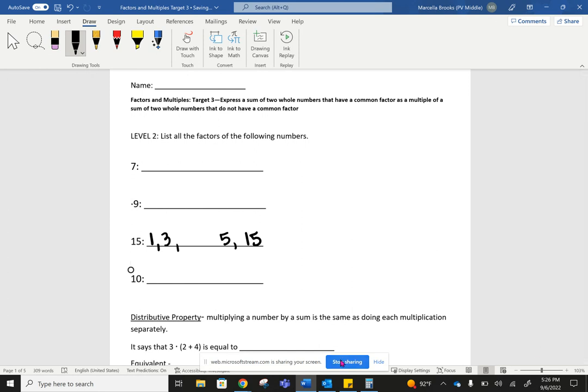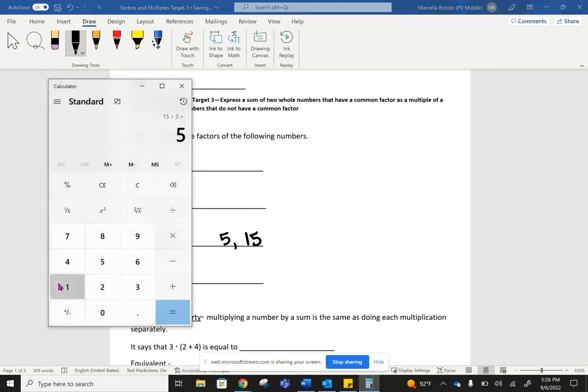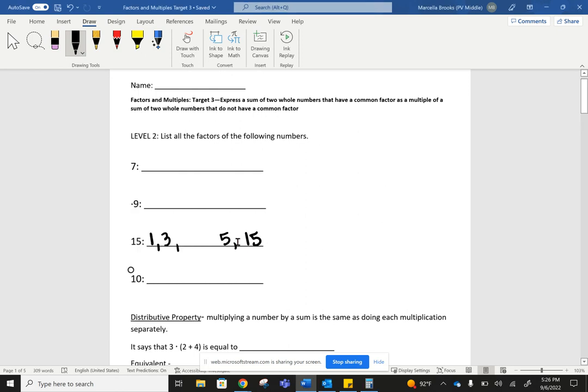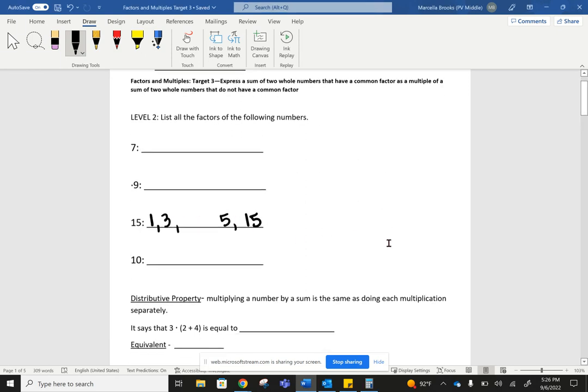Now let's try 4. 15 divided by 4 is 3.75, so that doesn't work. 15 divided by 5 does work, but we already have 5 and 3 down, so we're done. So those are all the factors of 15. So try your best to do 7, 9, and 10.